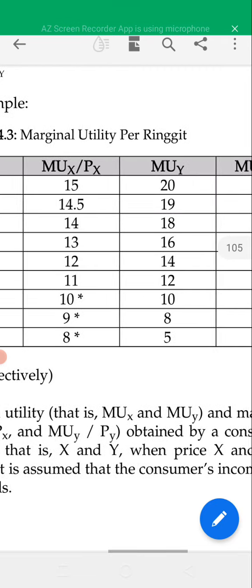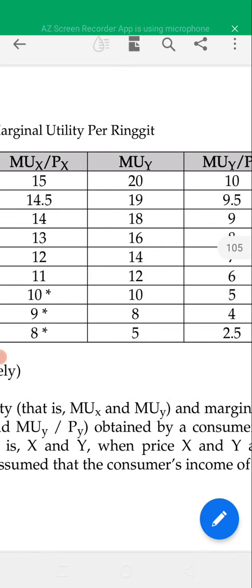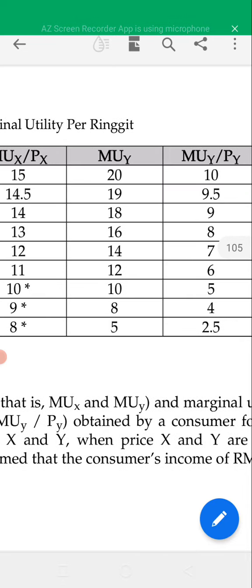We can just check. So MUX over PX, MUY over PY, we do not have other numbers that are appearing on both sides. I think those are the numbers. There are 3 numbers. So among those 3, we should have one bundle that will maximize. Remember, there cannot be 2 bundles. There will only be one bundle that is going to maximize utility. So how then are we going to determine between these 3?